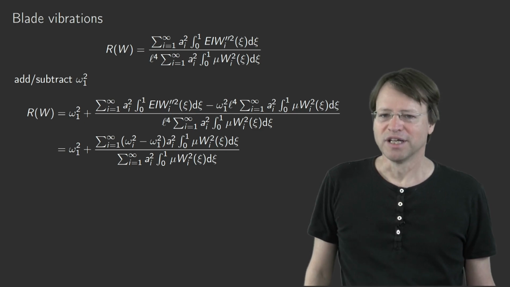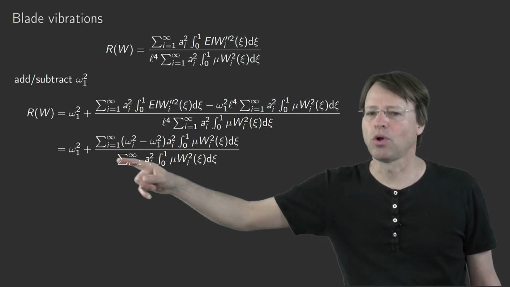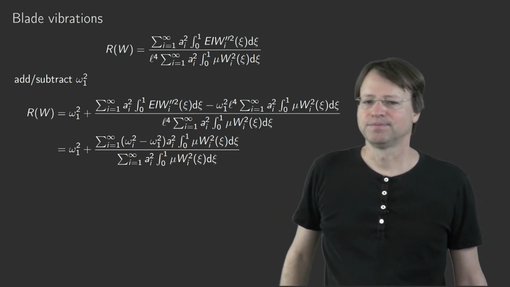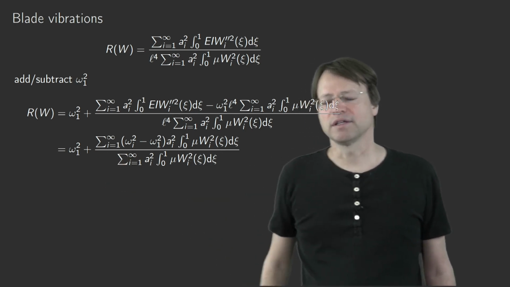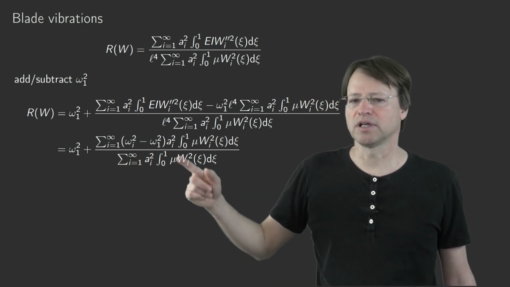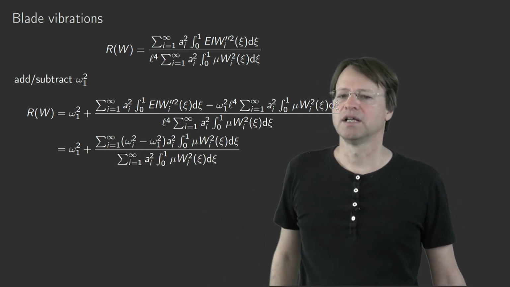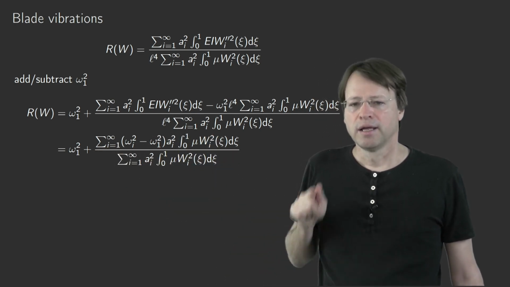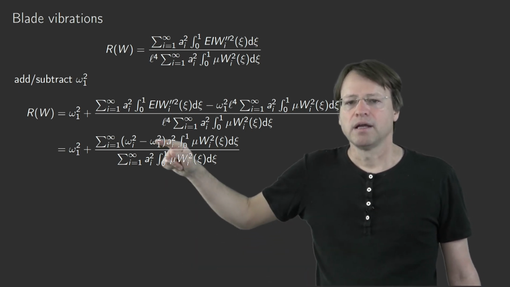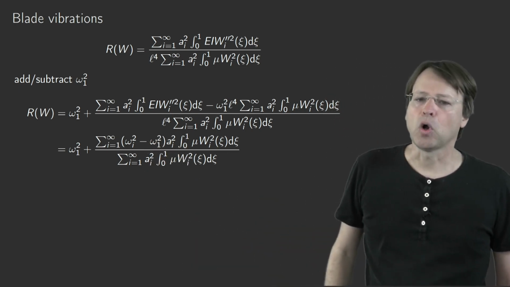Okay, and now if you look at that expression, then you clearly see that what I promised to you is true. That expression is positive, so the whole expression is larger than omega 1 squared, because the natural frequencies are ordered.